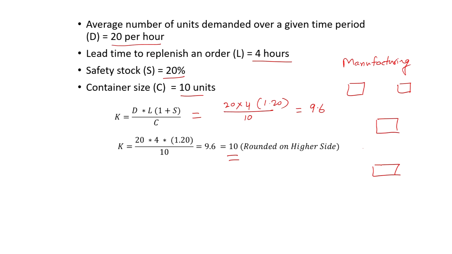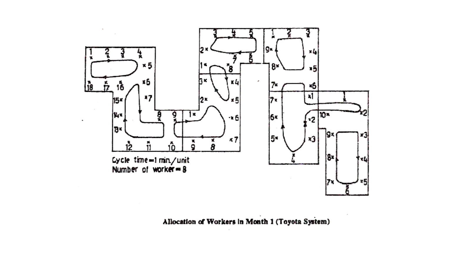Between these two workstations I have to keep 10 Kanban cards. So, 10 Kanbans are kept here. Between workstation n minus 1 and n, material flow is in this direction. So, this is how we can calculate the number of Kanbans required.